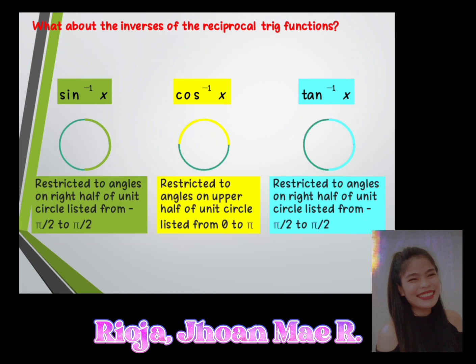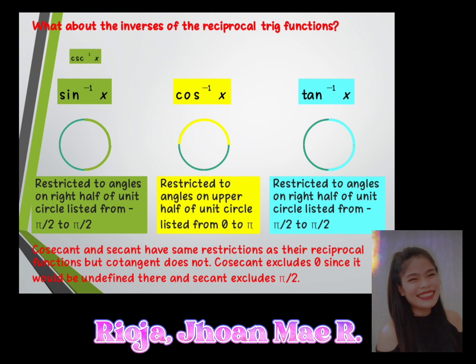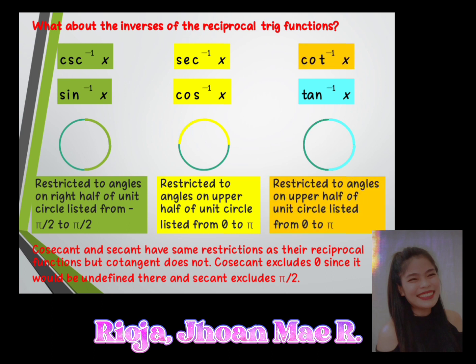So now let's talk about the inverses of the reciprocal trigonometric functions. The cosecant and secant have restrictions as the reciprocal functions, but the cotangent does not. Cosecant excludes 0 since it would be undefined there, and secant excludes pi over 2.